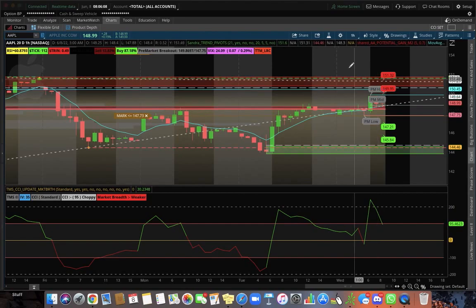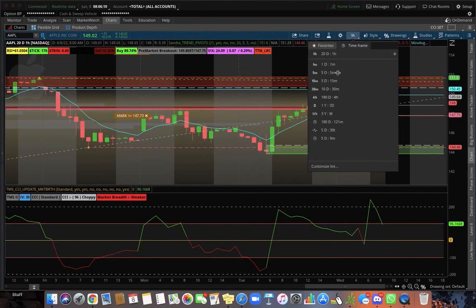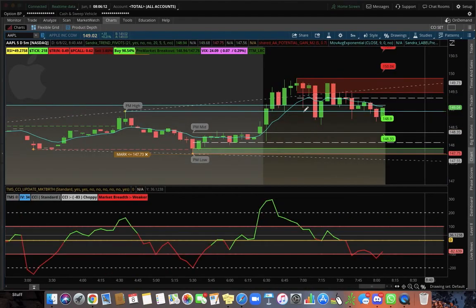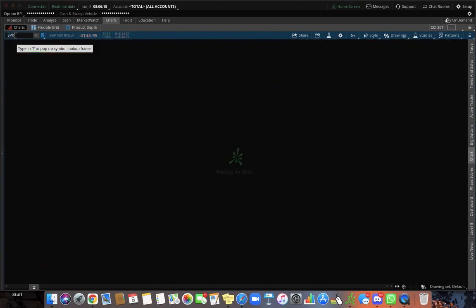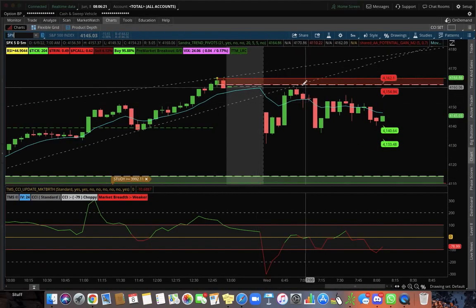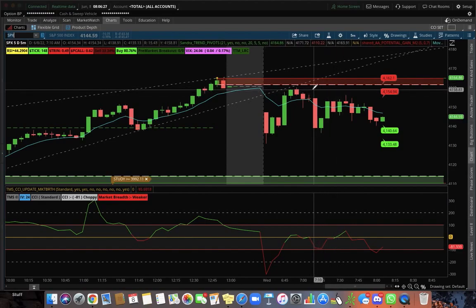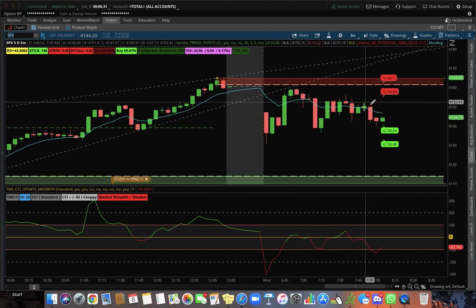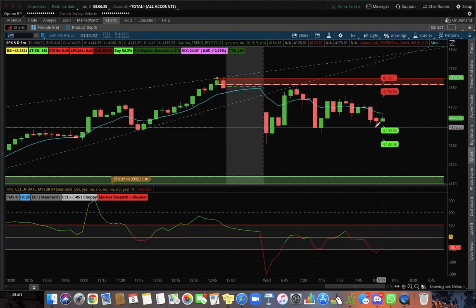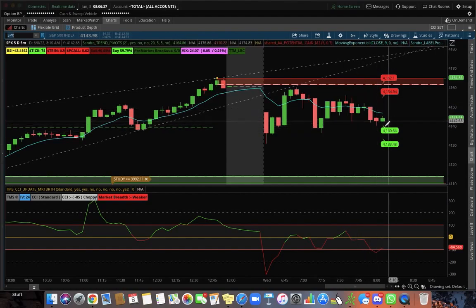I guess the real positive of the day right now is that there was no big, well, I guess we had a little pullback. I don't want to look at Apple for that. Let me look at SPX. So 7:15, 7:30 is our mid-morning reversal. And you can see from this area right here, we're just trending lower, but nothing real forceful, so we'll see how we end up today.